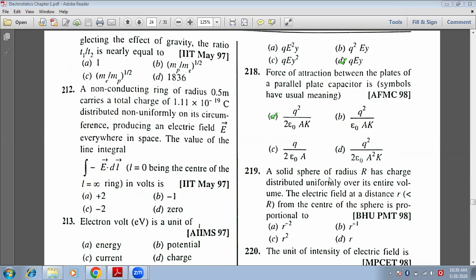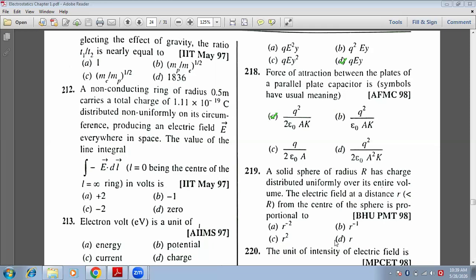A solid sphere of radius R has charge distributed uniformly over its entire volume. The electric field at a distance r, which is much smaller than capital R, from the center of the sphere is proportional to: option A 1 upon r square, option B 1 upon r, option C r square, option D r.